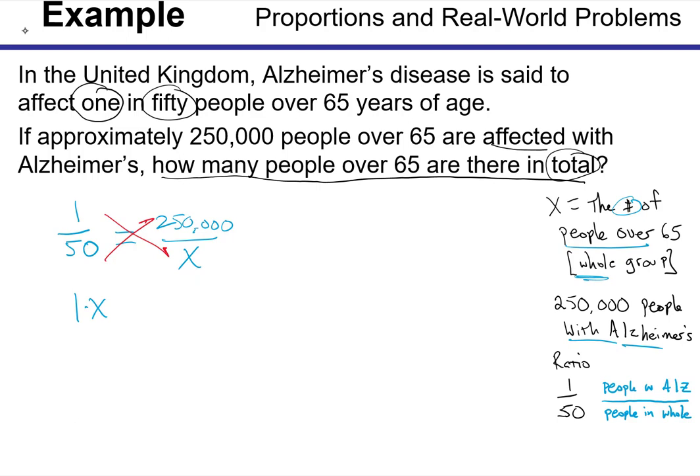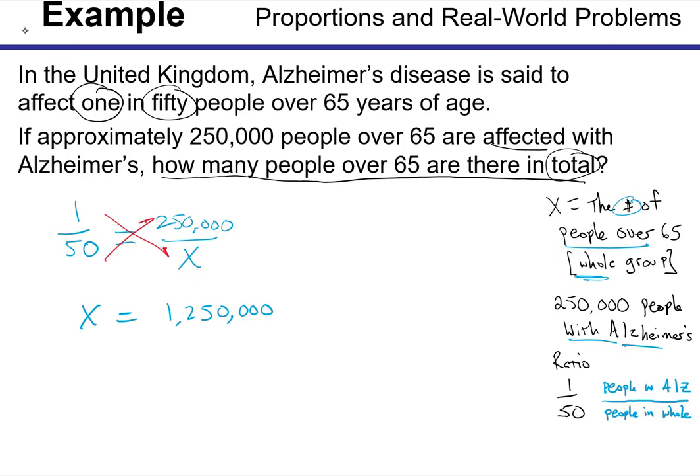I don't really need to write the 1 anymore because 1 times x is just x. Equals in the middle, and then 50 times 250,000. I'm sorry, I said it wrong. 250,000, and we get this big number.